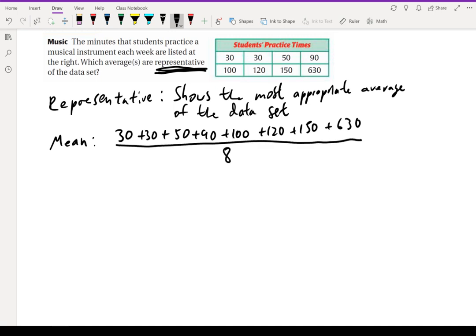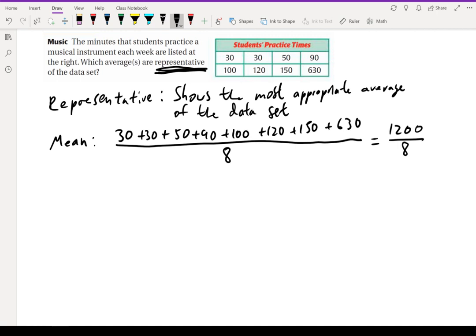I'm going to start from 630, adding it up. 630 plus 150 is 780, 880, 900, 1,000, 1,090, 1,140, 1,170, 1,200. That's 1,200, all divided by 8.